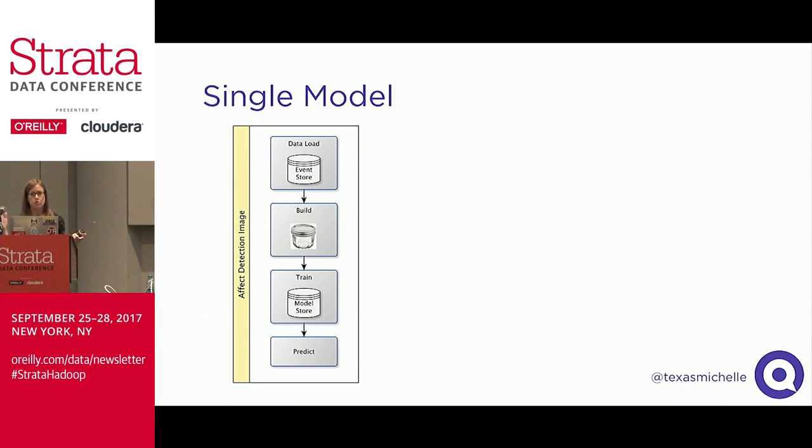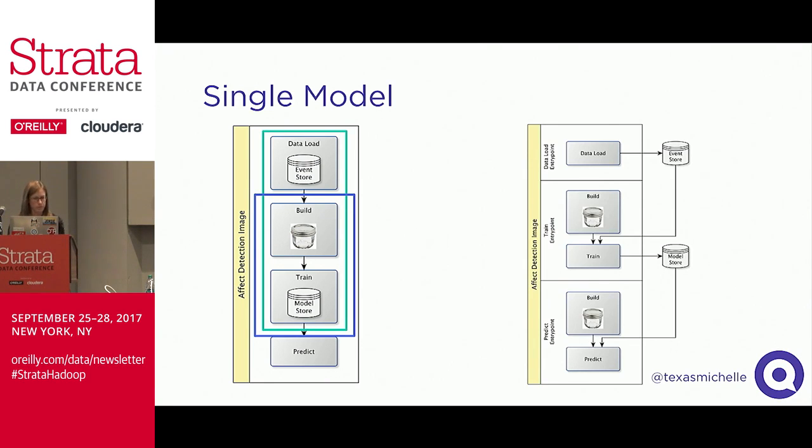If you were just to write that all into a single image, you could do that, but again, that would be pretty inefficient because all of those things have different resource requirements, and it really wouldn't make much sense. But you do need the same code base, and so the way we approach that is to use the same image but give it different entry points.